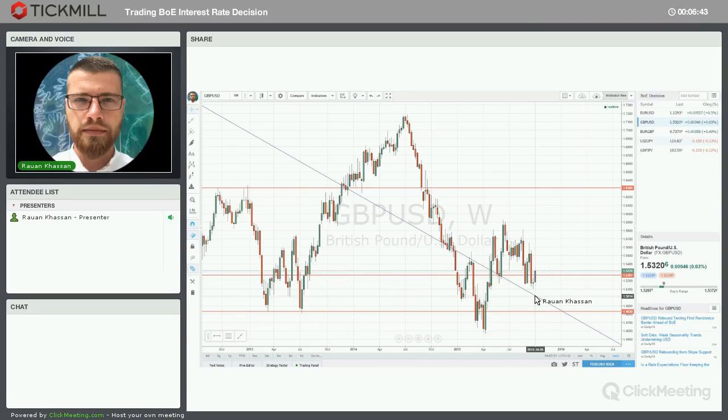At the same time, it's important to notice that the pair has been trading since June above the descending trend line, which is currently at 1.50 exactly, and it should be considered as the major support level.